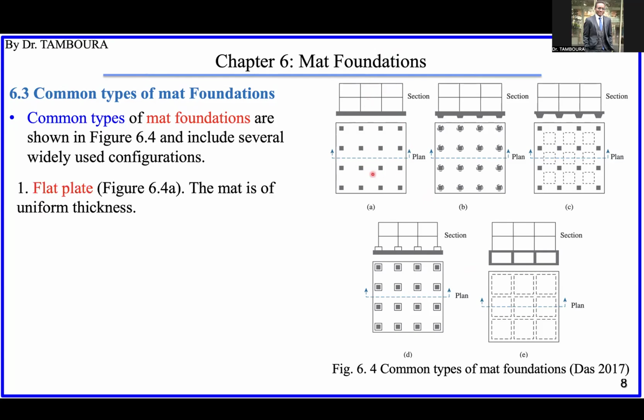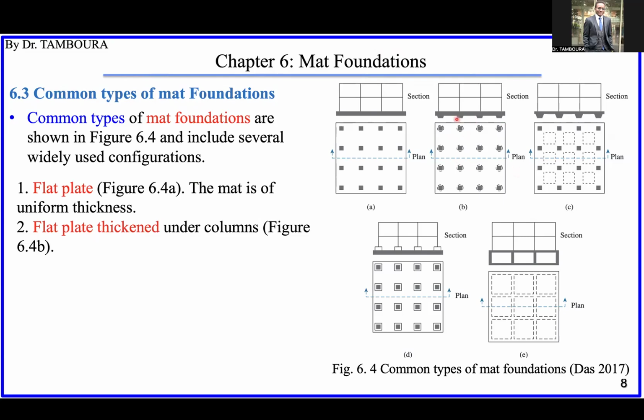If you take the first one, type A, you can see the thickness of the mat foundation is uniform, and you can see the columns coming onto the foundation. If we take B, the first one is called flat plate, and the second one is flat plate thickened.